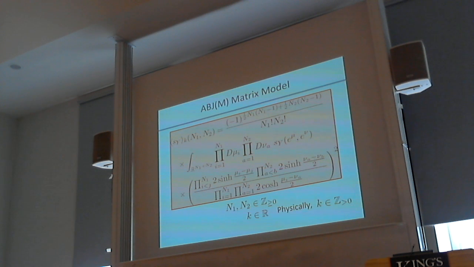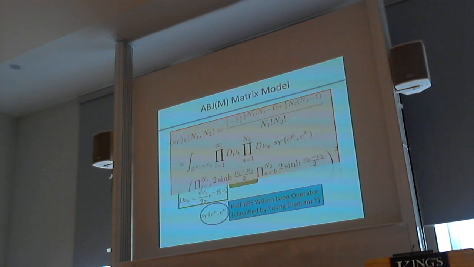Then it is a multiple integration over variables, N1 plus N2 of them. And when we do the integration, we need this factor. Here N1 and N2 are the ranks of the gauge group, so should be integers. And k is the level of the theory and should also be an integer physically, but for most cases we take it to be a real number.